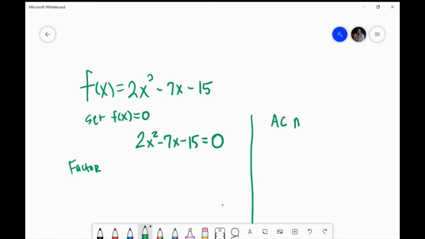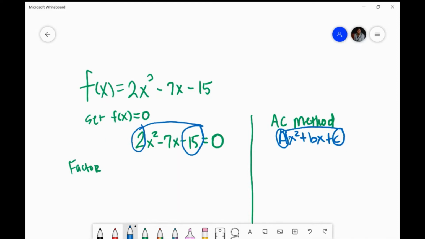Yes, ma'am. All right. Where you multiply your A, this is your A, because AC method is basically we're in this form right here. We're multiplying the A times the C, which stands for the constant, which is negative 30 in this case.